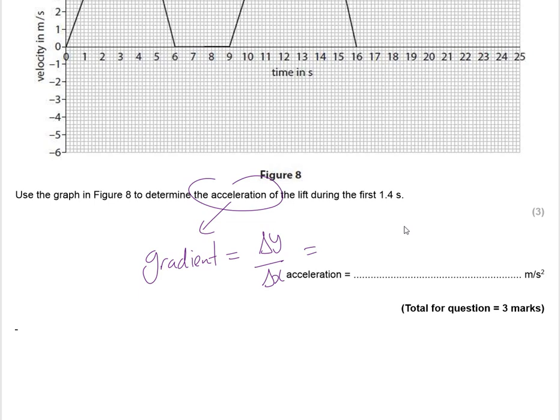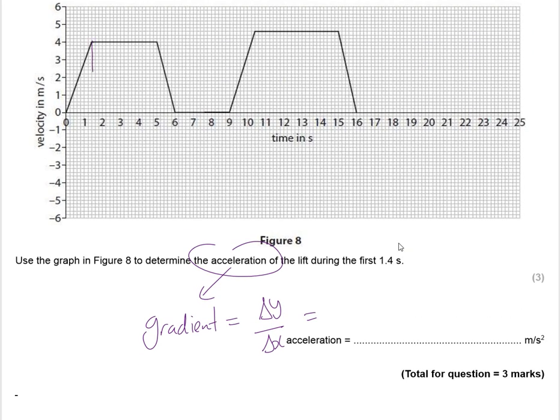Change in y is 4 minus 0, divided by the change in x, which is 1.4. So the answer is just to divide them, and there you go. Make sure that everything is fixed up. This is just the working out there, and that's it.